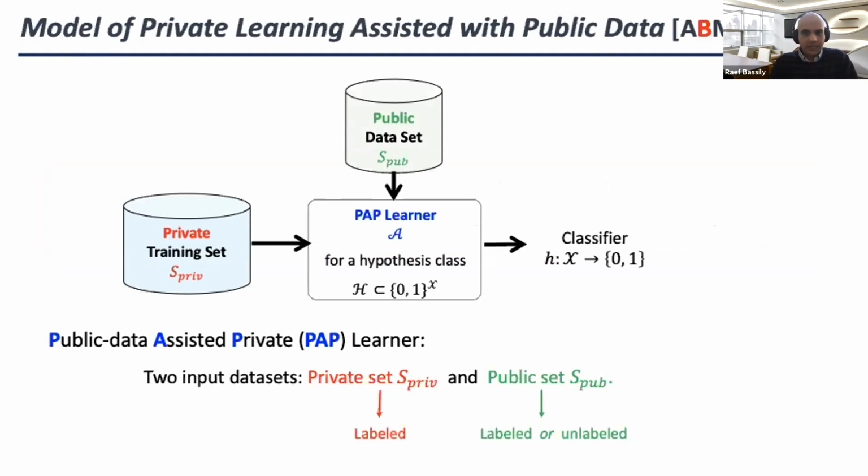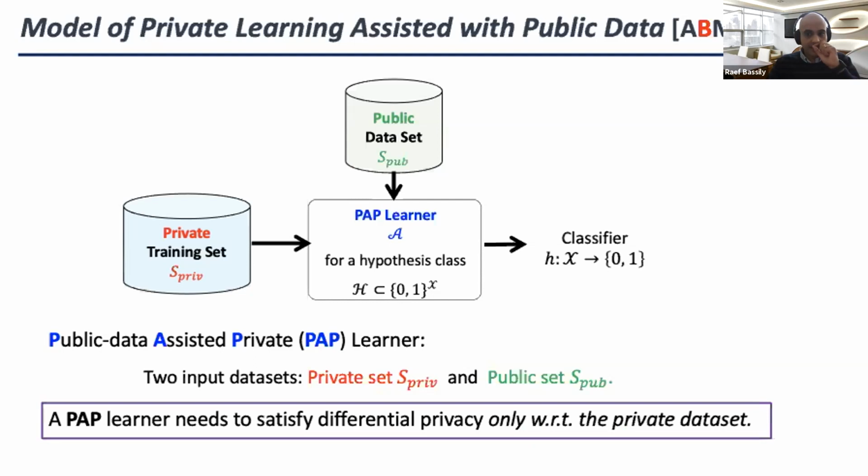The goal is to design algorithms that can circumvent the limitations of the conventional model of differential privacy and attain comparable accuracy to non-private learners, using only a limited amount of public data, while at the same time providing strong privacy guarantees for the sensitive training set. So note here, a PAP learner is required to satisfy differential privacy, but only with respect to the private data set.